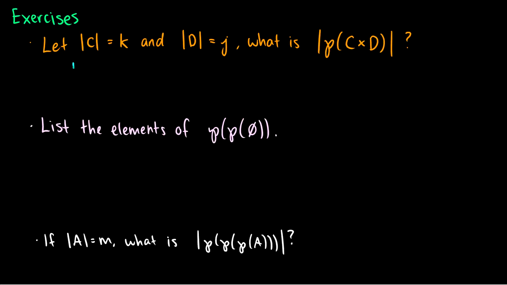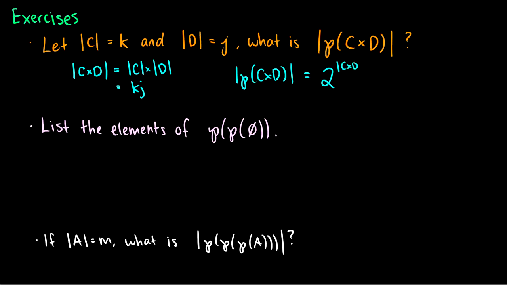Well, let's remember, the size of C cross D is the same thing as the size of C times the size of D, so this is just K times J. Which means that the size of the power set of C cross D will just be 2 to the size of C cross D, which we know is just equal to 2 to the K times J. So when you take Cartesian products with power sets, things get really crazy really fast.